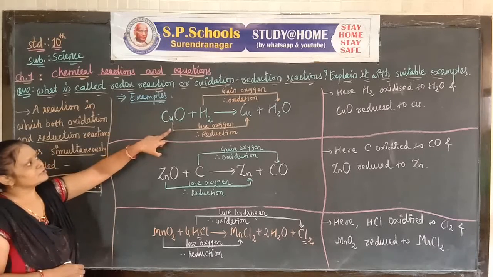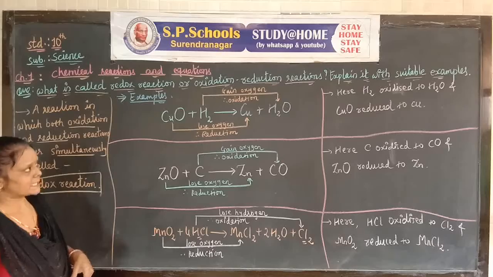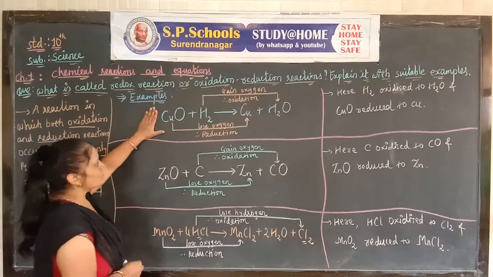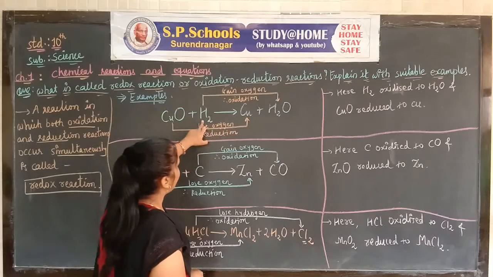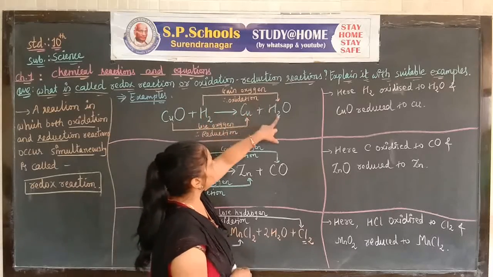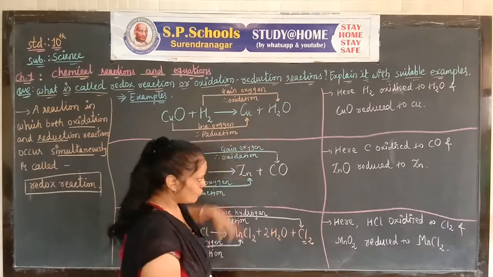CuO plus H2 gives us Cu plus H2O. CuO is reduced to form Cu, and H2 is oxidized to form H2O.